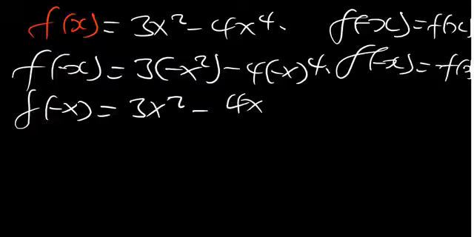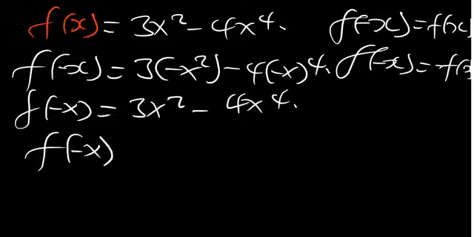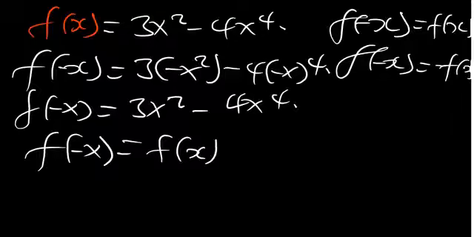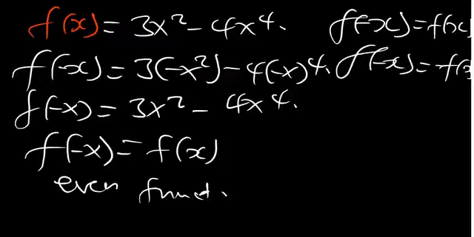So as you can see, we are getting the original function, which is equal to f of x. Since f of negative x is equal to f of x, this is an even function. This is how you prove it is odd or even.